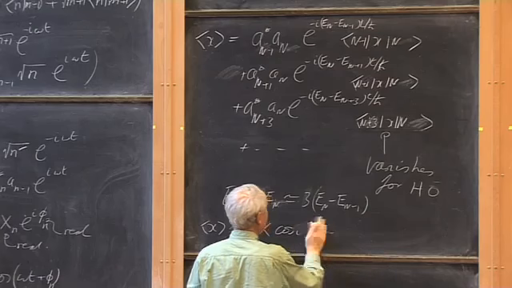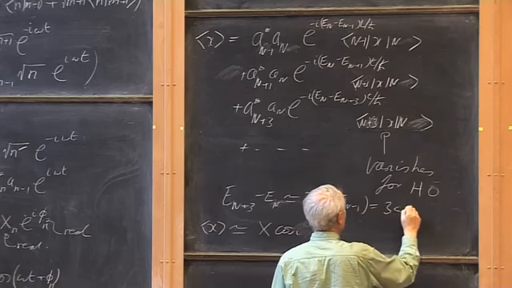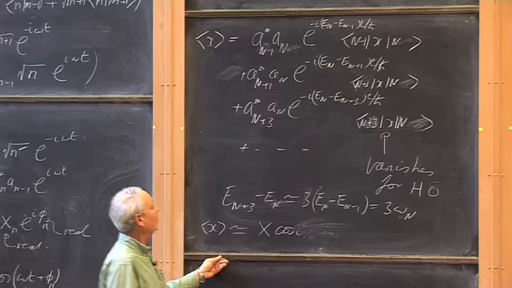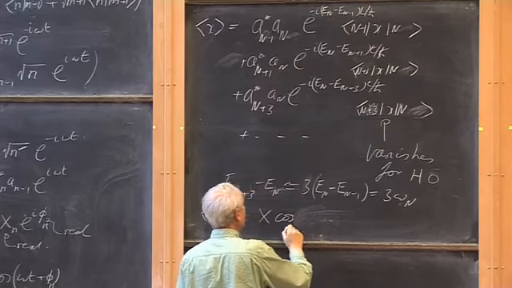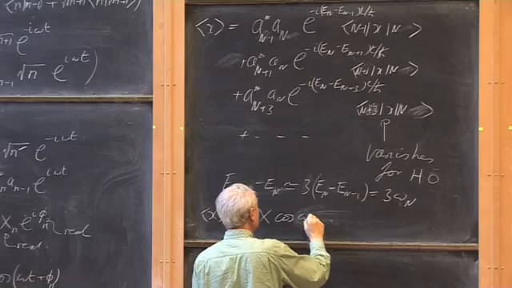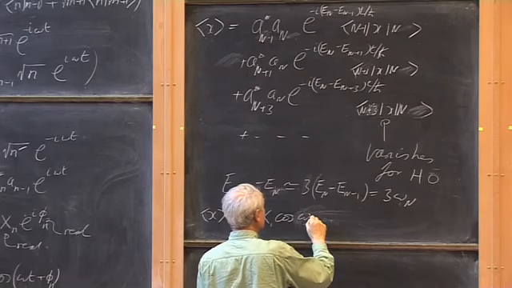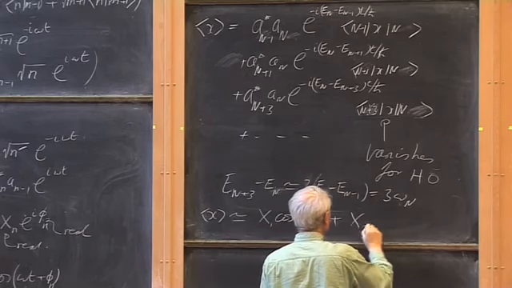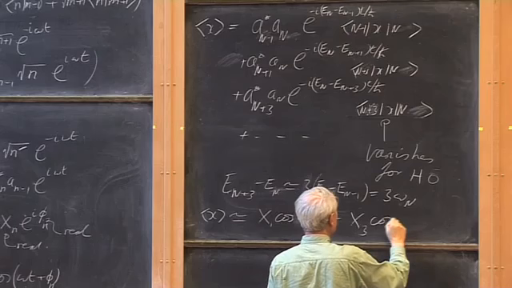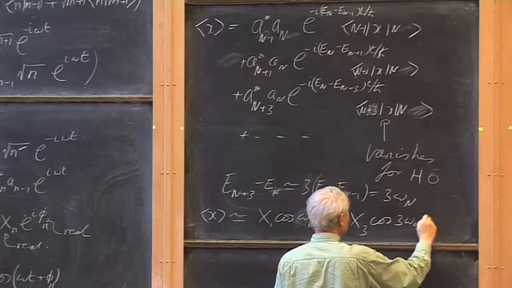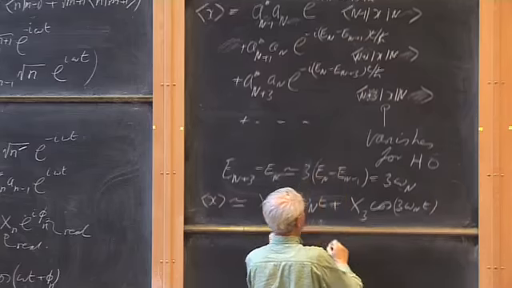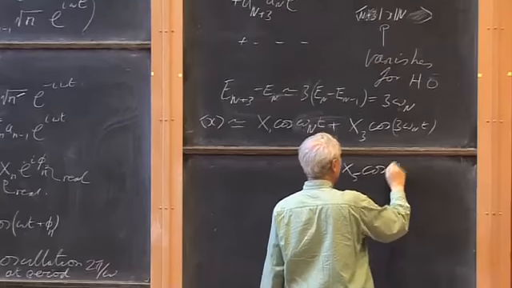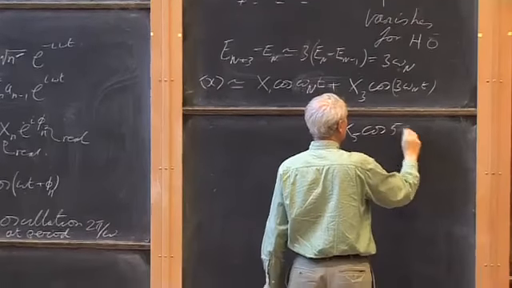No, let's declare this to be 3 omega_n, right? So we're defining omega_n to be this quantity here. And we're going to find that we have some term like cos omega_n t, and we're going to have some other term with some other coefficient times cos 3 omega_n t. And we're going to have some other term with x_5, some other coefficient times cos 5 omega_n t.